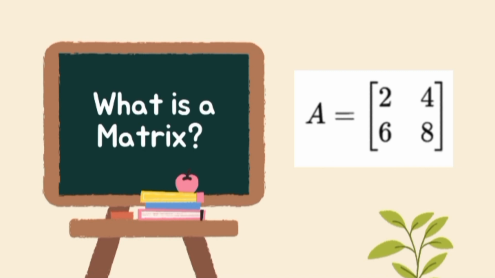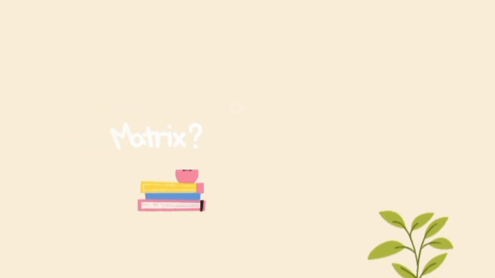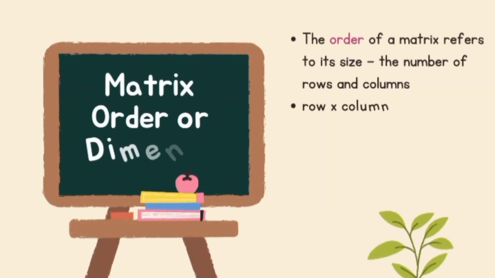In this matrix A, the rows are the horizontal lines, and the columns are the vertical ones. So, this matrix has 2 rows and 2 columns. The order of a matrix refers to its size, which is the number of rows and columns. We write the order as rows times columns.